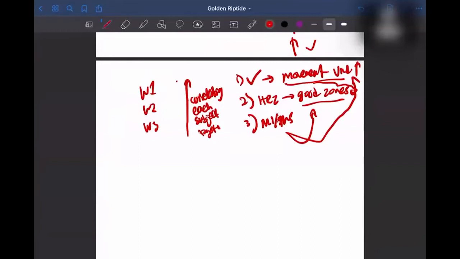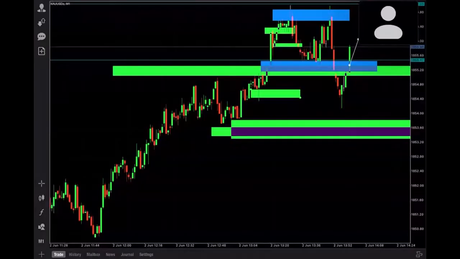Okay, so I hope you guys understand the movement. Now you just have to break this line on top here, 1857. It can break, you will fly easily. So do you think it's gonna fly up? Since it has some buying pressure, and it flew from the support really fast.